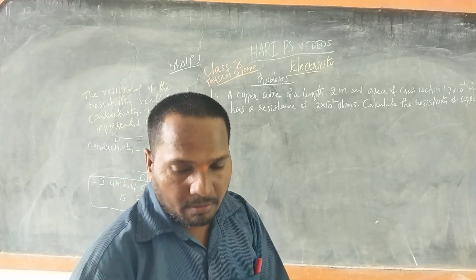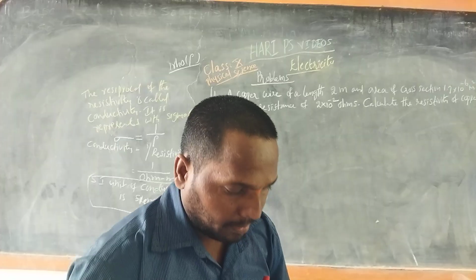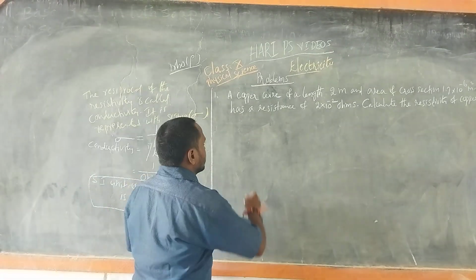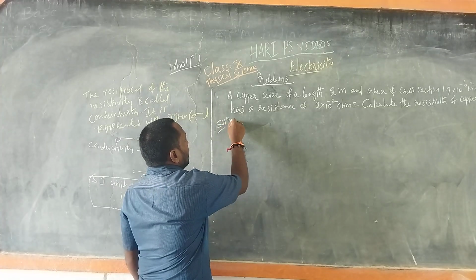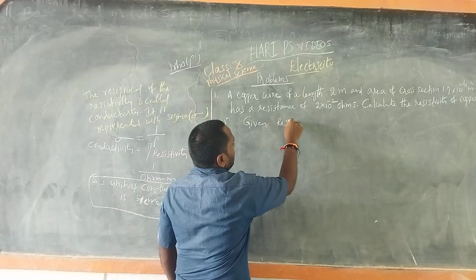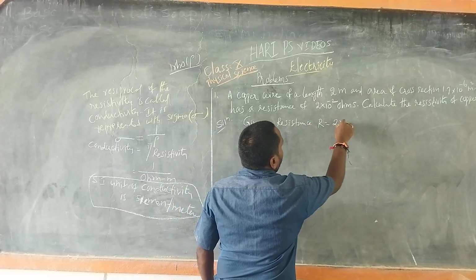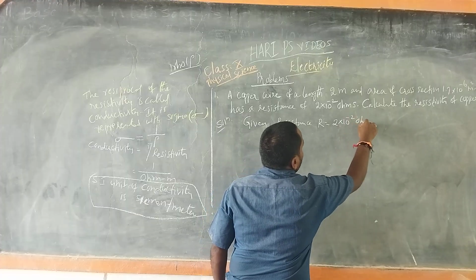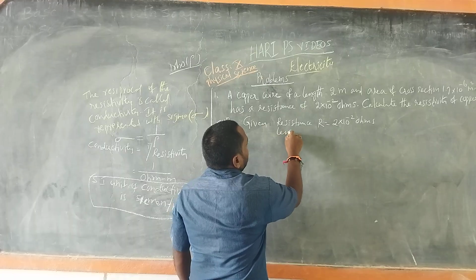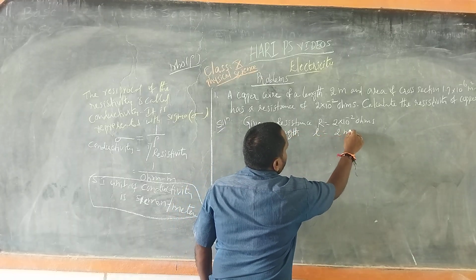So let us solve the problem. Have to practice the problems. First of all, let us write the given values. Given resistance R is equal to 2 into 10 power minus 2 ohms. Then length L is equal to 2 meters.